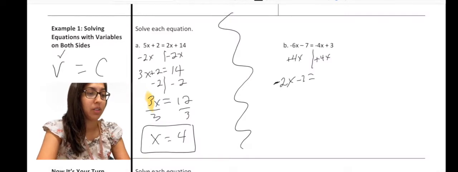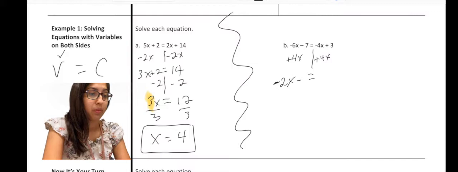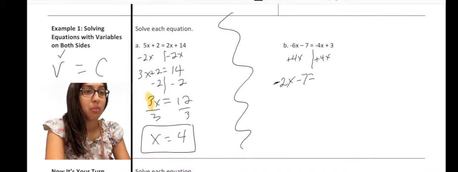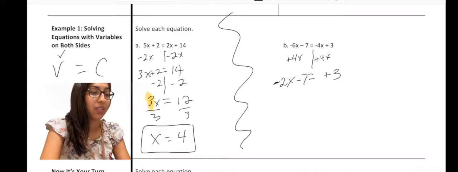It looks like a minus 2, sorry. So that negative 7. And then bring down that positive 3. And I wrote positive 3, but you can leave that positive off. That's just so you guys can see the sign does not disappear, it's still there.